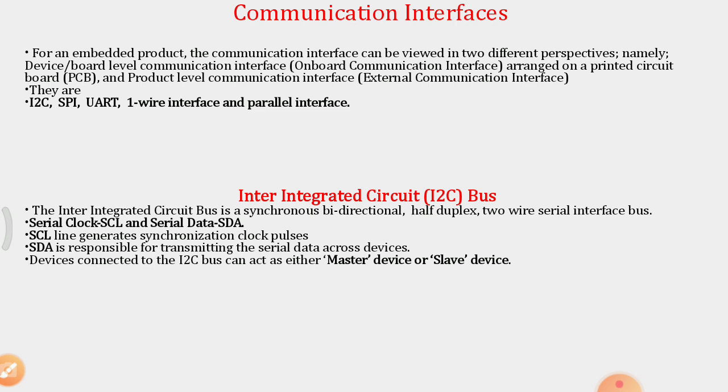They are I2C, SPI, UART, one wire interface and parallel interface. All these are onboard communication interfaces. These buses or protocols are on the PCB itself, connecting a microcontroller and other peripheral devices for communication or for sharing files and data.